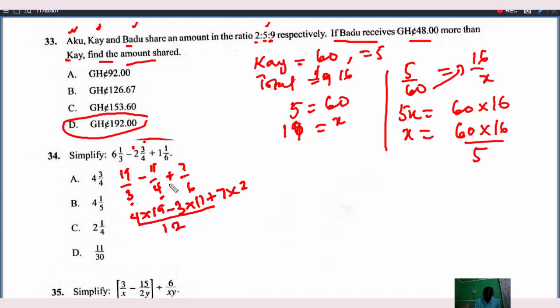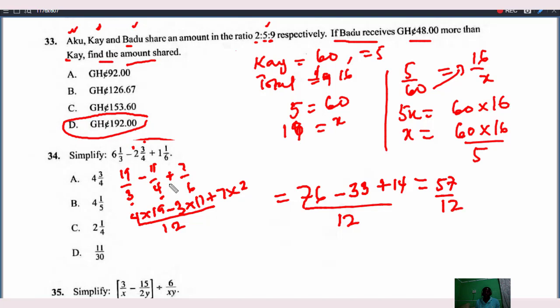So let's do it. 4 times 19 will give us 76 minus 33 plus 14 all over 12. So 76 minus 33 plus 14 will give us 57 over 12.